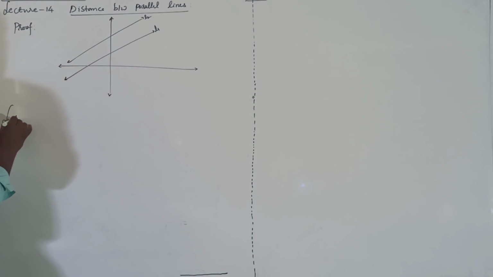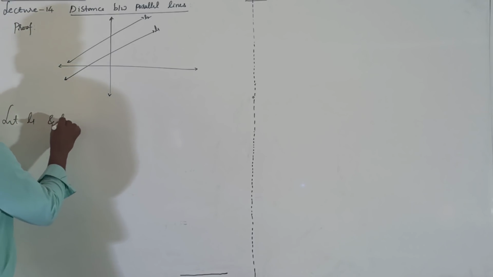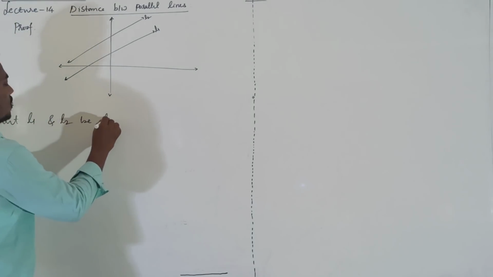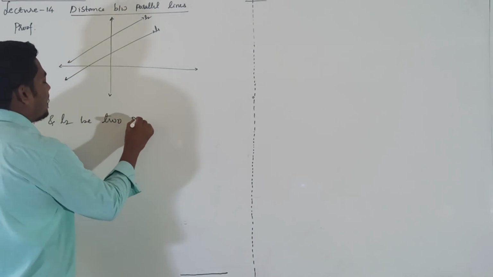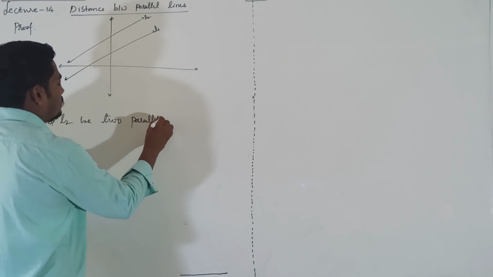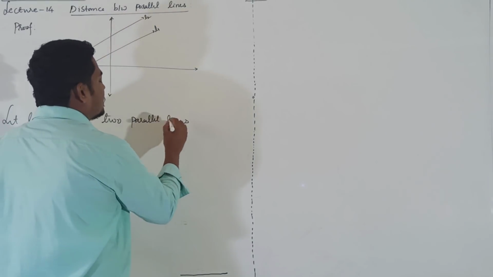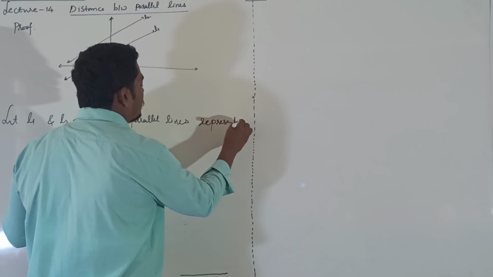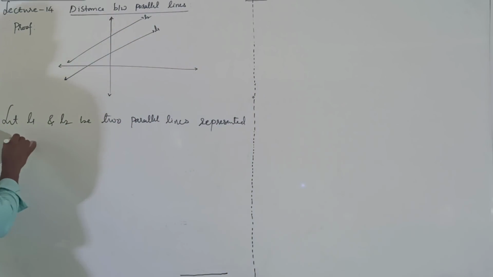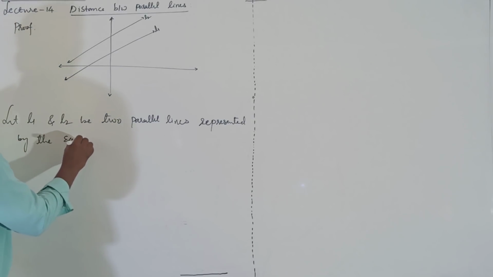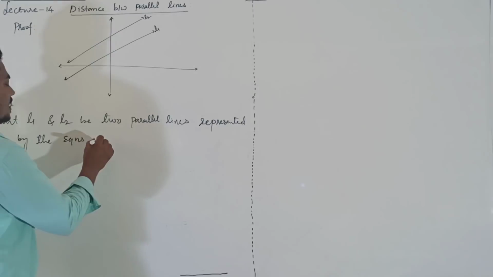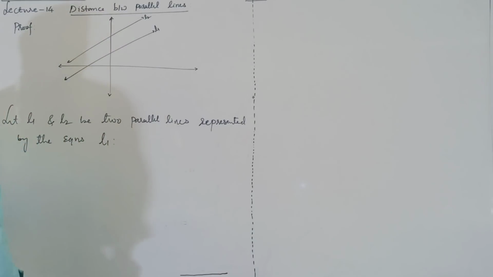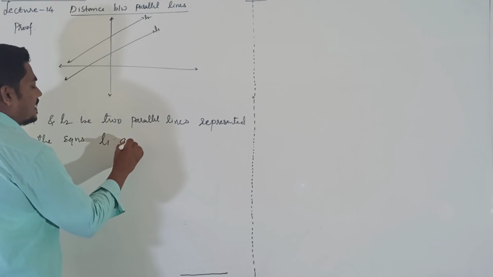Let me write some explanation. Let L1 and L2 be two parallel lines represented by the equations L1: what is the equation of line 1?